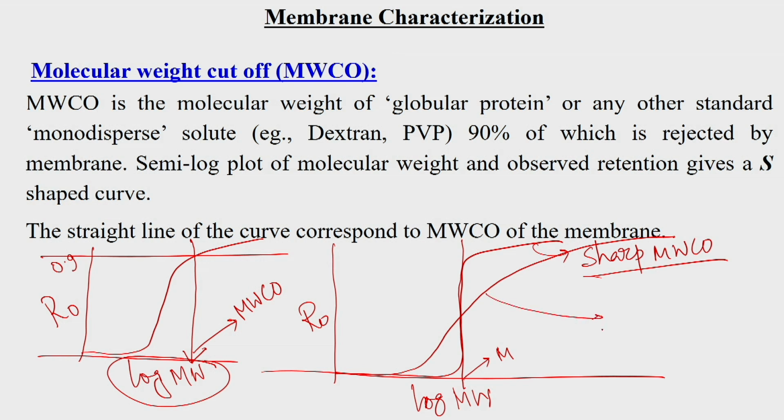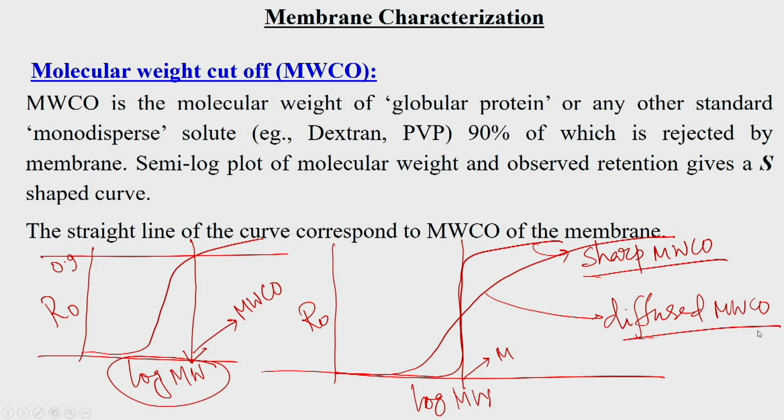So, there is no straight part in the RO versus log MW plot, that is a diffused molecular weight cutoff.